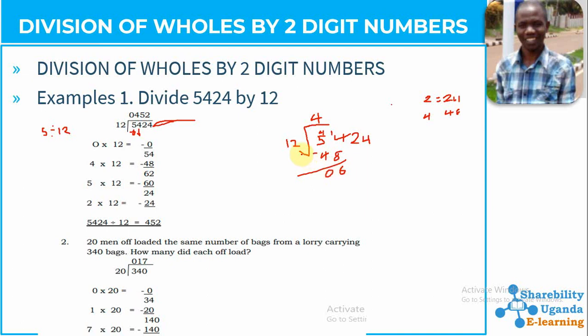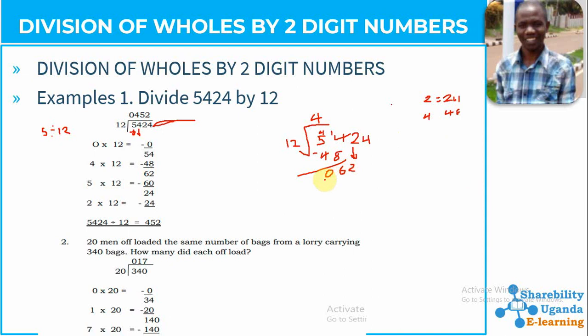We say 6 divided by 12, it is impossible. So what we do is to bring back our 2, this 2 which is still remaining on these numbers of ours. So now this becomes 62. So we said 54 divided by this, they get 4, remainder 6.